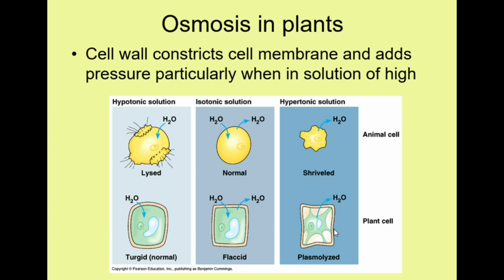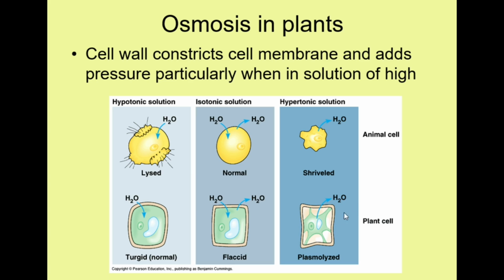Along the bottom here, we can see a plant cell in the same 3 environments. So let's start on the right hand side. So let's start with what would happen to a plant cell in a hypertonic environment, seawater for instance, if you were to take a typical terrestrial plant. Well, what you can see is the same thing will happen.